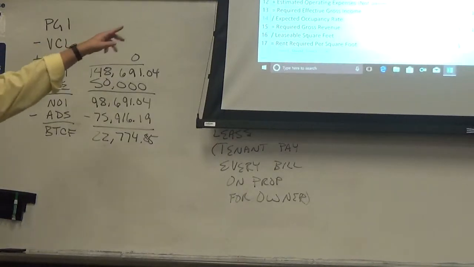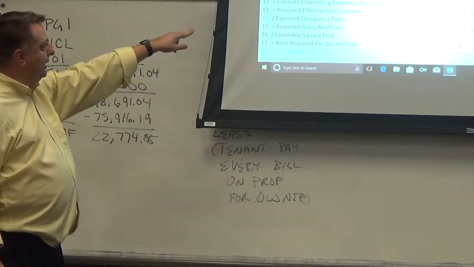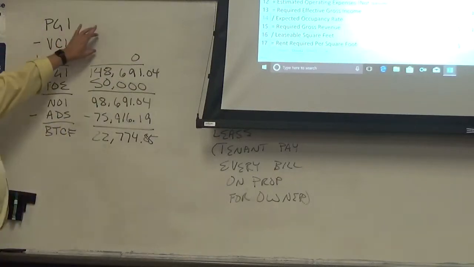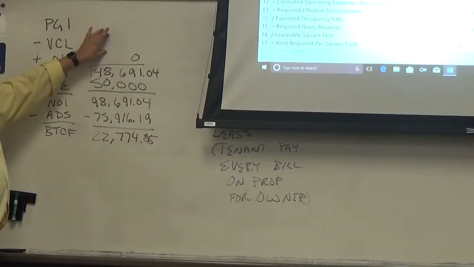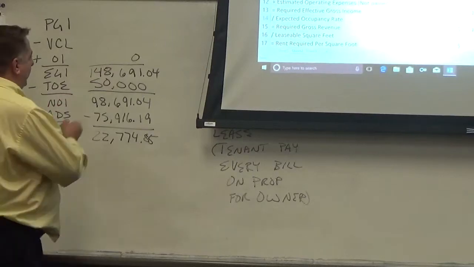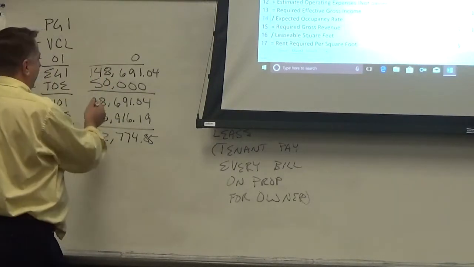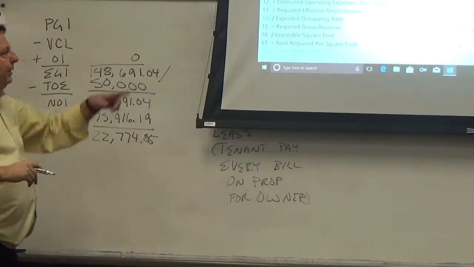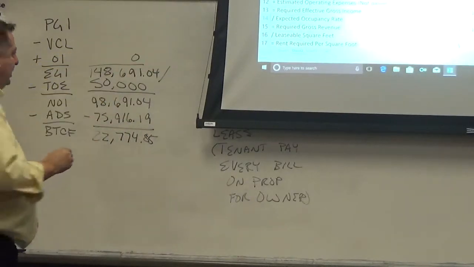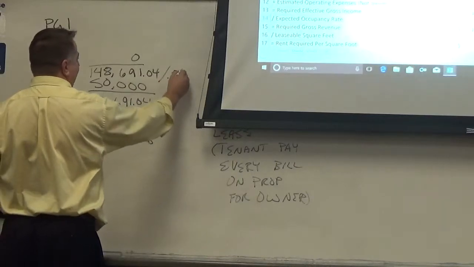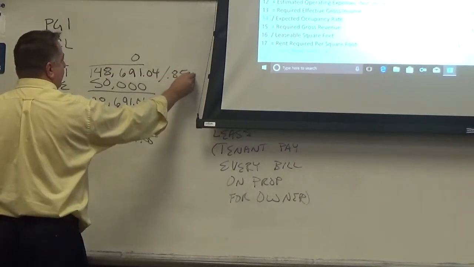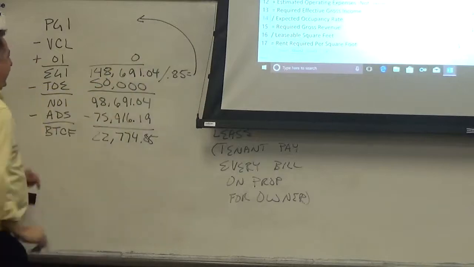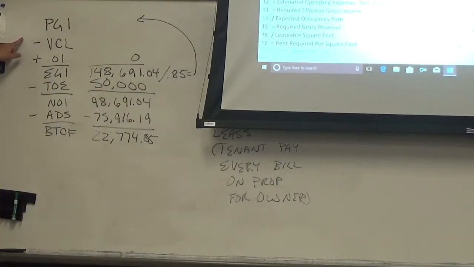We don't need, in the model itself, to calculate the line item for the vacancy and collection loss. All we really do in the model is take the 148,691 and divide that by the expected occupancy rate of 0.85, and the resulting answer is our potential gross income. Does that make sense? Simple math.